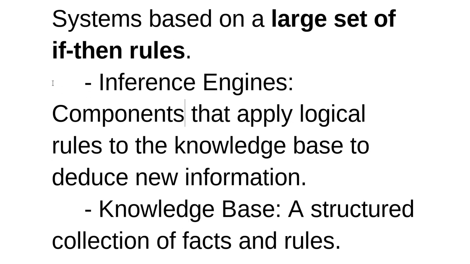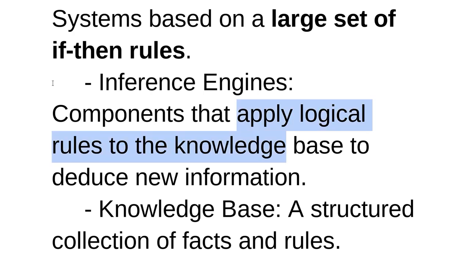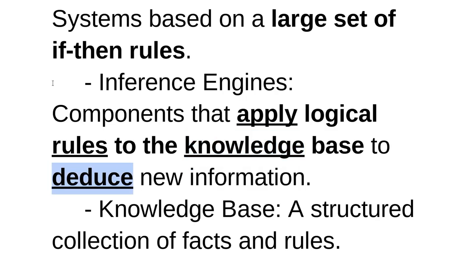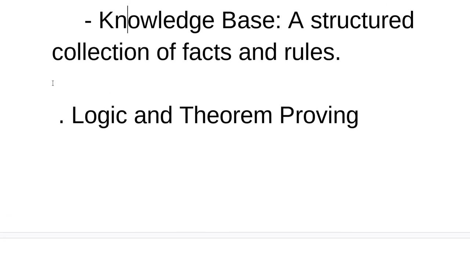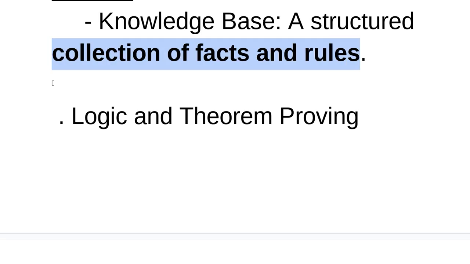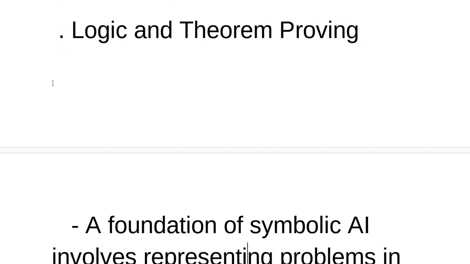And there are inference engines, which are components that apply the logical rules to the knowledge base, to the information in the system, to deduce new information. Now, a knowledge base is a structured collection of facts and rules.